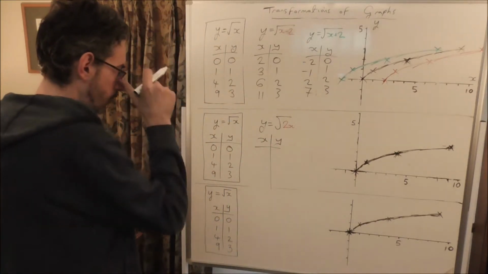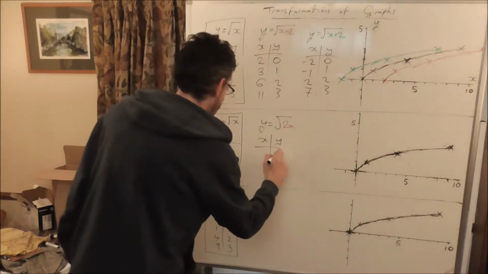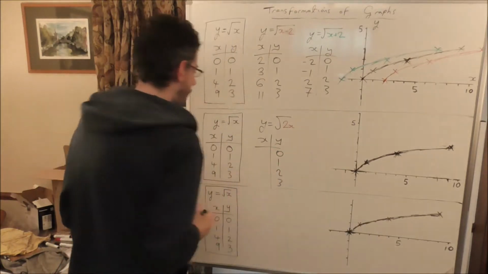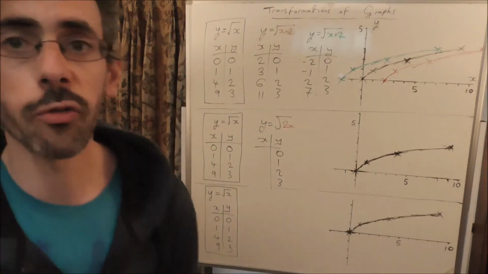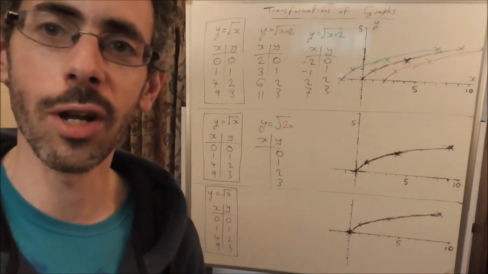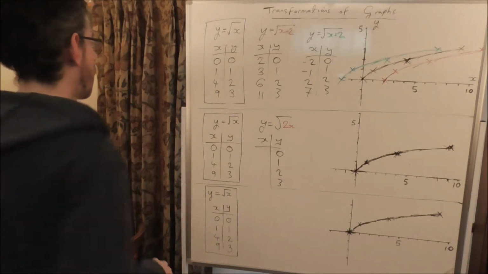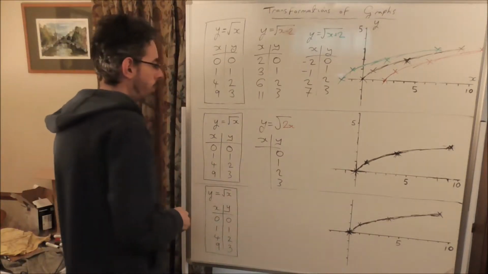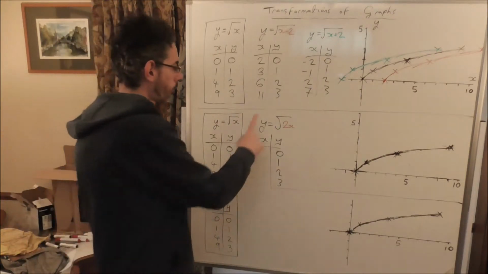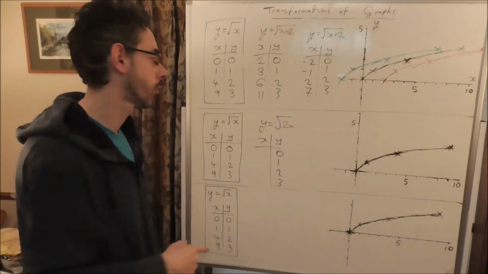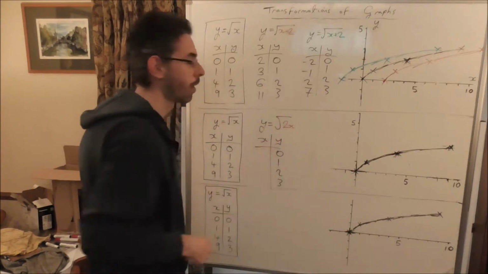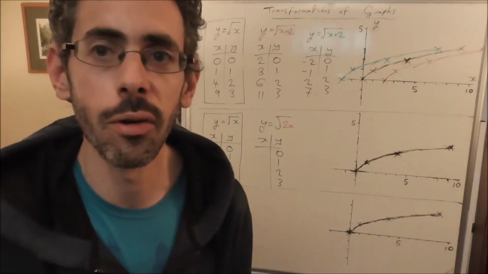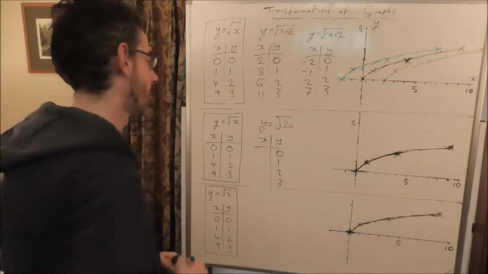So again, I'll choose the y values to be the same. 0, 1, 2 and 3. And I'm going to think to myself, what x values do I need to get those y values that I had before? So to get a y value of 0, what x value do I need? Well, the square root of 0 is 0, so I want 2x to be 0. If 2x is 0, then x has to be 0, doesn't it?